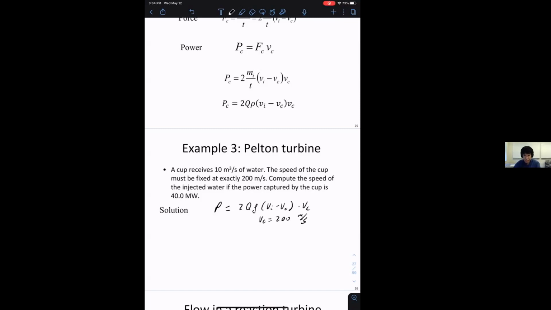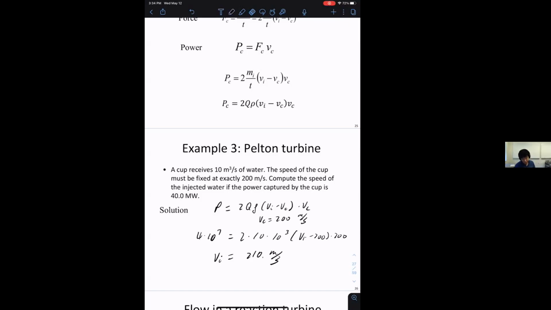Then we can solve for Vi: 4 times 10 to the 7, since 40 megawatt is 4 times 10 to the 7 watts, equals 2 times 10 times 10 to the 3, times (Vi minus 200), times 200. So you get Vi as 210 meters per second.